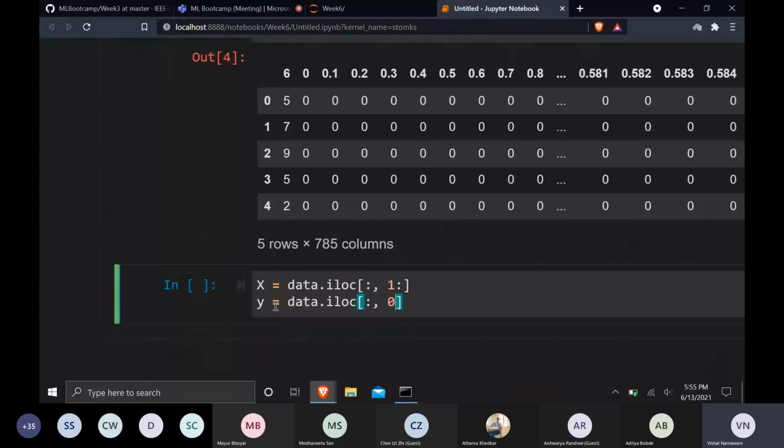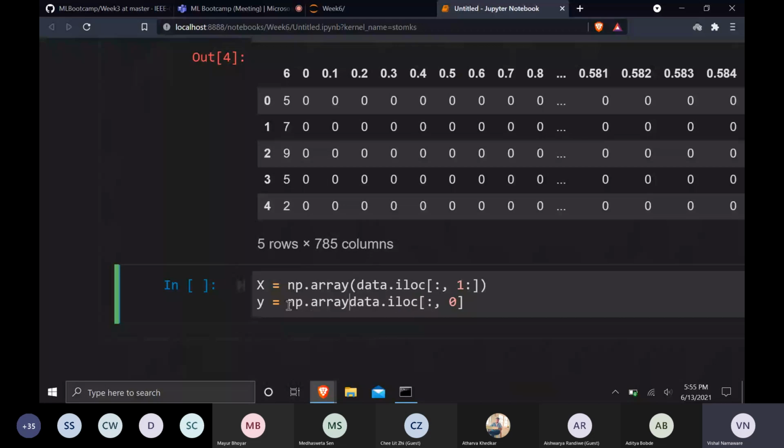And I'm going to write np.array in front here, because I want to convert the pandas data frame into an n-dimensional array. Check the shape to make sure we have done all the things correctly here.